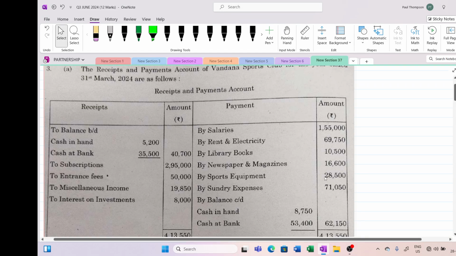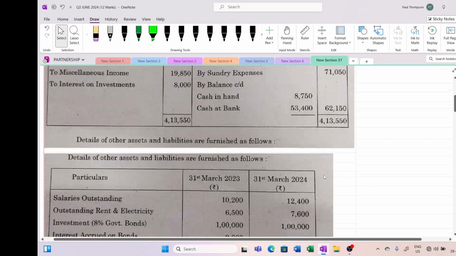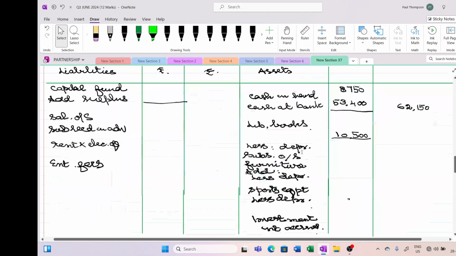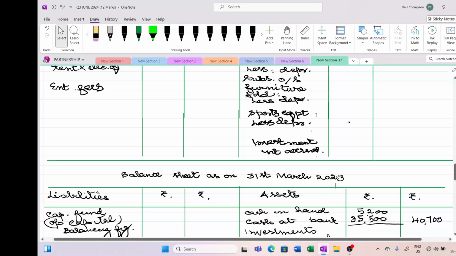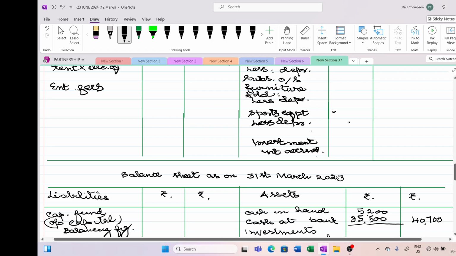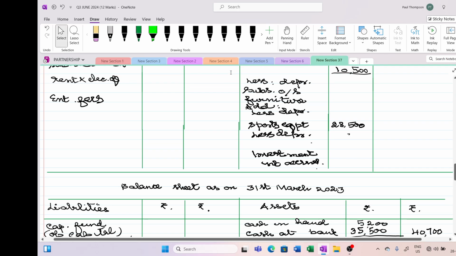Sports equipment, current year purchase, so this will go to your balance sheet. Current year balance sheet, here we have to write 28,500. Let me write that. So we have purchased in the current year 28,500. There may be opening, and then there is depreciation, that we will do later.